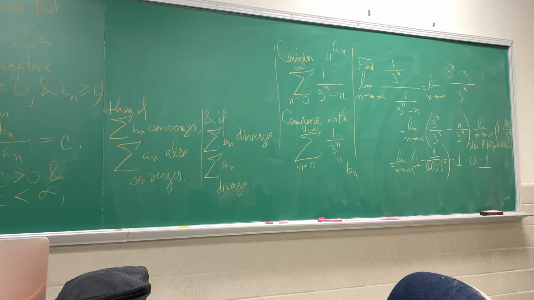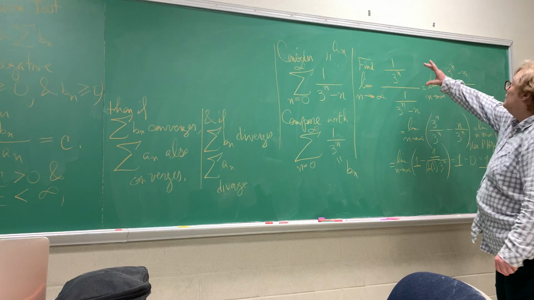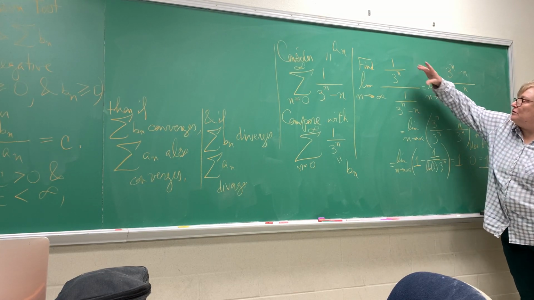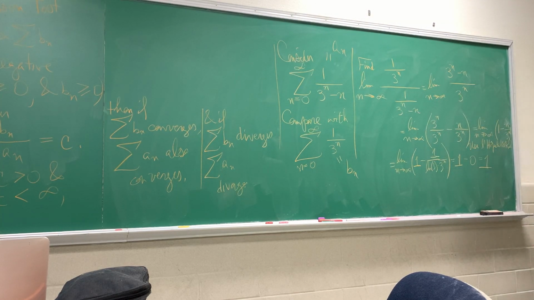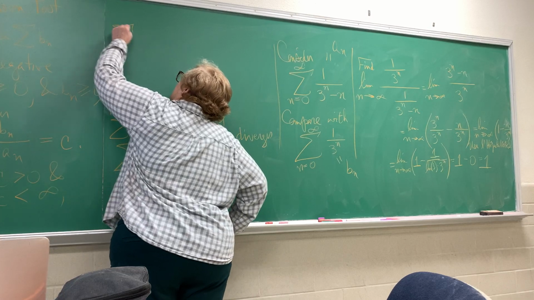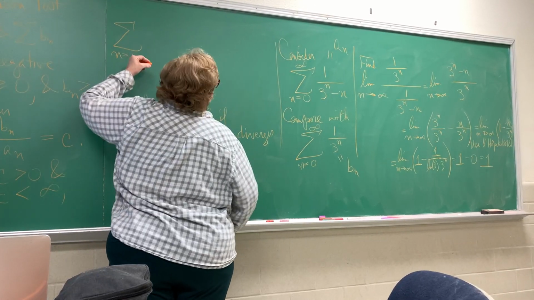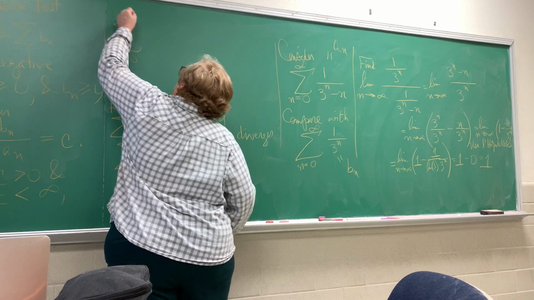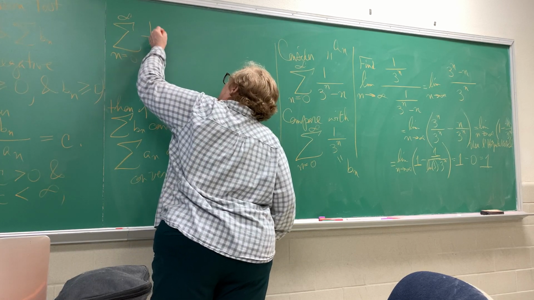And we said over there, if we get a positive answer, and it's not infinite, then the behavior of the top series controls the behavior of the bottom series. Well, what do we know about the series 1 over 3 to the n? Let's look at n equals 0 to infinity, 1 over 3 to the n.